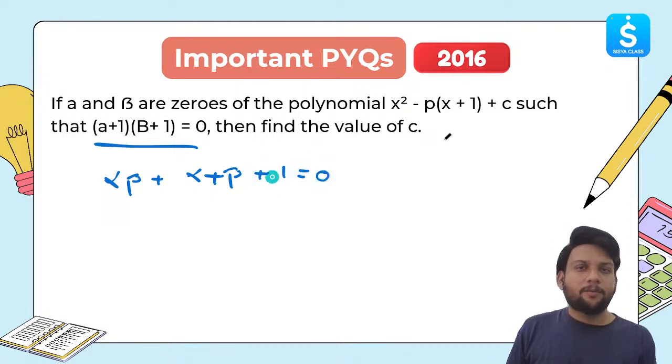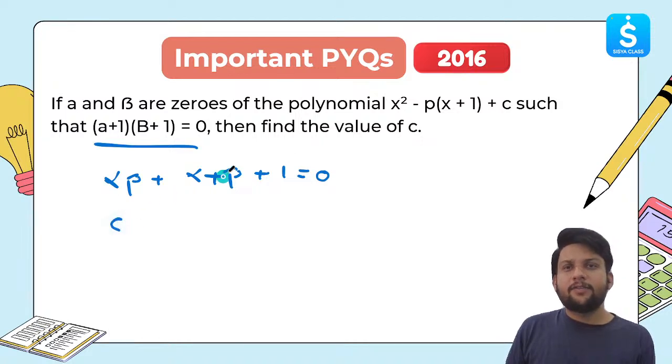Now alpha beta is the product of roots, that is c by a, which is nothing but 1 plus c. Next, alpha plus beta is given as minus of b by a, that is plus p by 1, plus 1 equals 0.